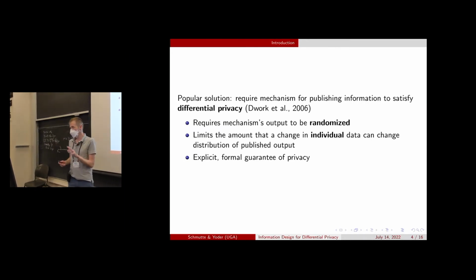In particular, it's randomized in such a way that limits the amount that a change in any individual's data can change the probability of any given output. One of the reasons that this has become so popular is that this criterion offers an explicit formal guarantee of privacy, in contrast to the more ad hoc measures that have been traditionally used by these data publishers.